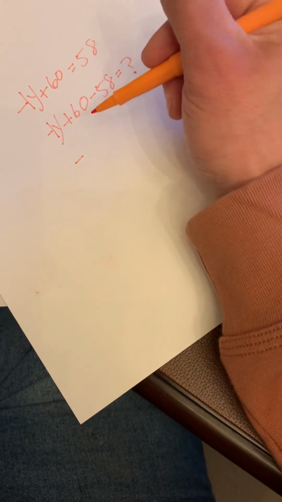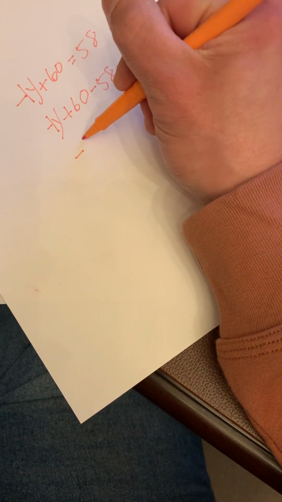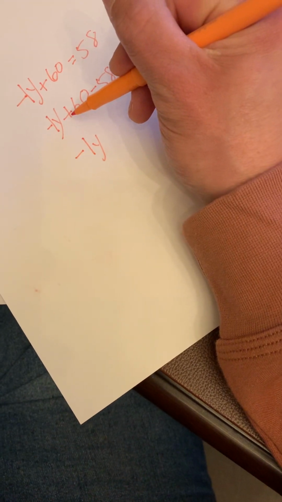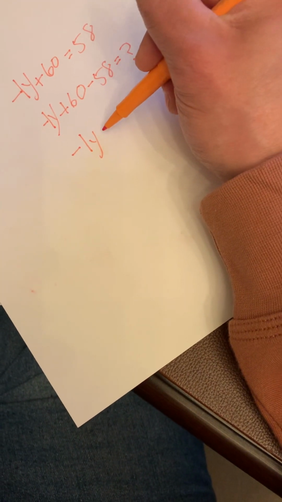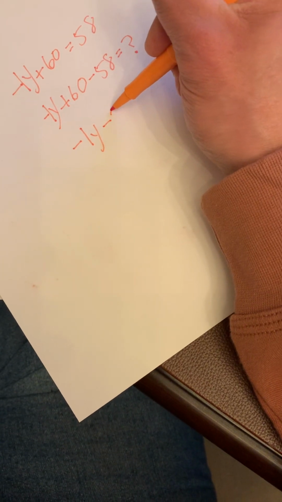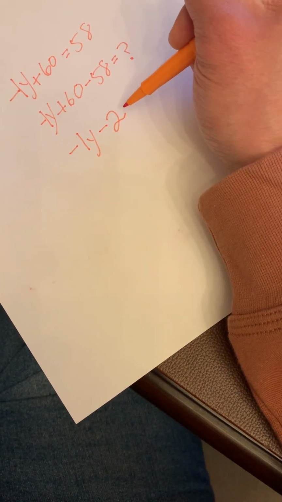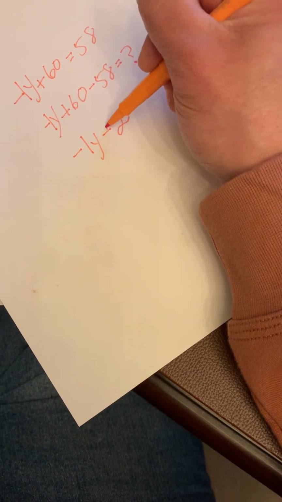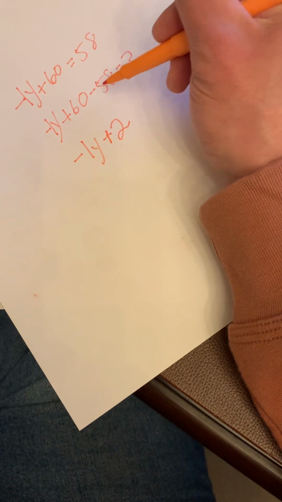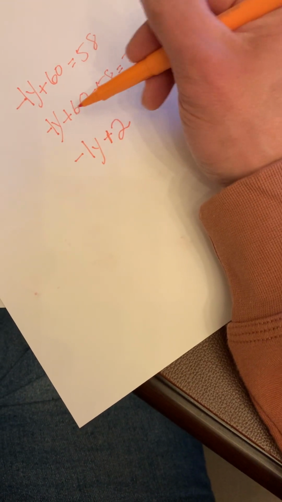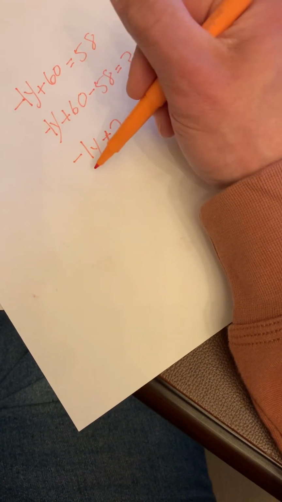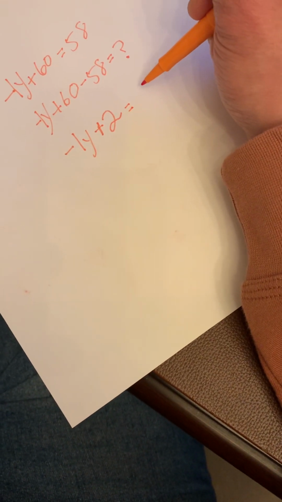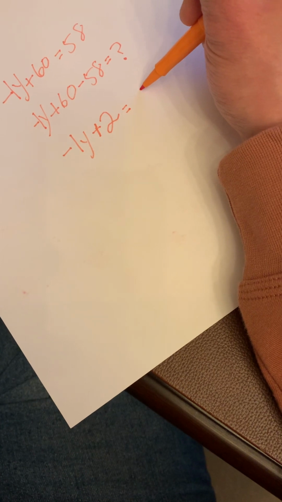So negative 1y equals 60 minus 58, which would mean negative 1y minus 2. No, negative 1y plus 2, right? So 60 minus 58 is 2. So negative 1y plus 2 equals, what are we going to put here?